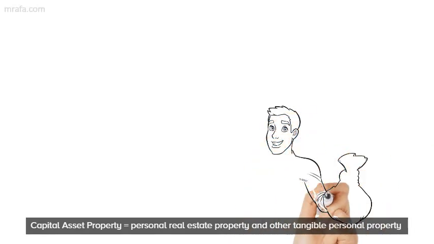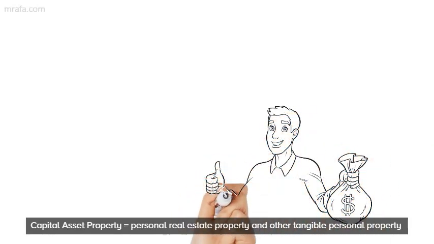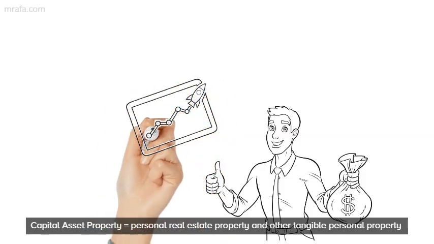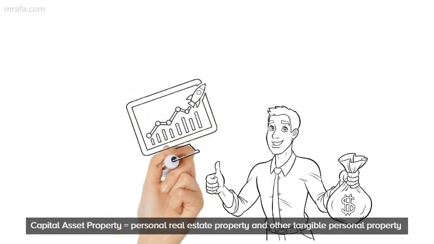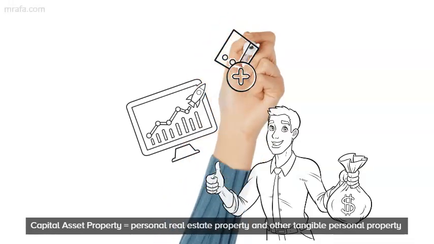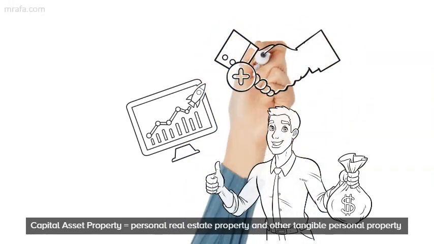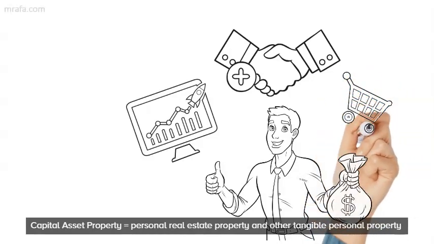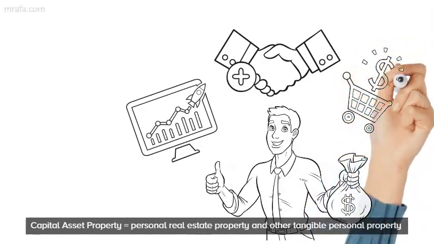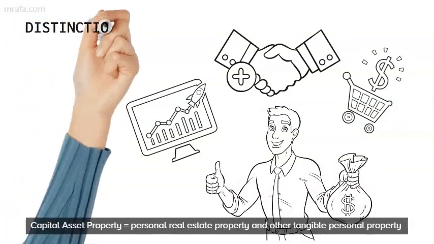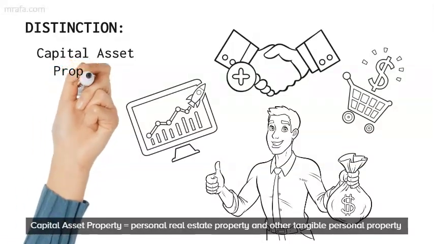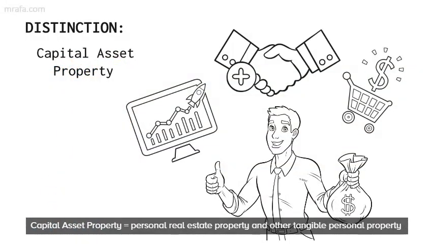So what is a capital asset again? A capital asset is any property that you use for personal purposes. So if you are using land or machinery for business, that is not a capital asset.